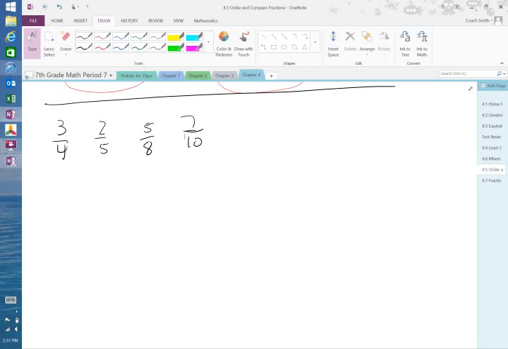Anybody have a guess on what it is? 4, 5, 8, and 10. Jesse? Is it 80? 80 is one, but it's not the smallest one. 40. 40 is your common denominator.